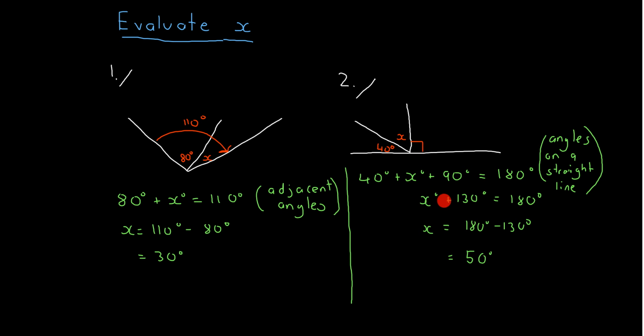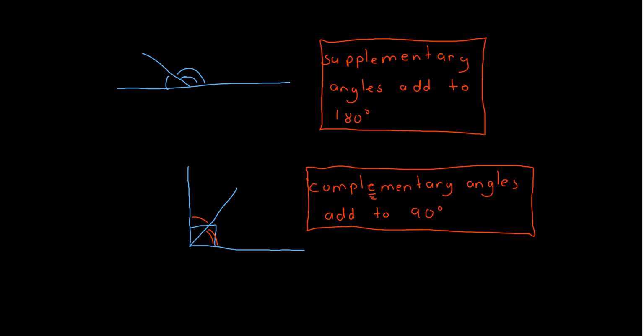So we know x plus 130 equals 180, and that means x equals 50. And even though these are adjacent angles, when they're on a straight line, we actually write angles on a straight line. Okay, let's look at our next questions.